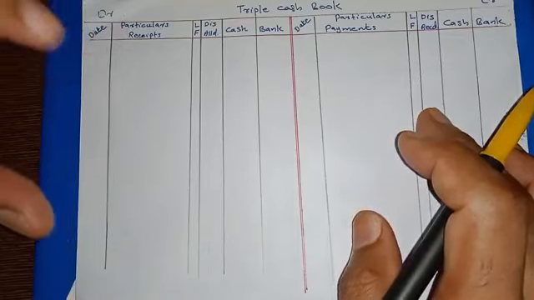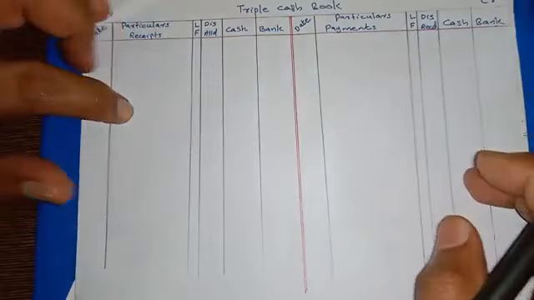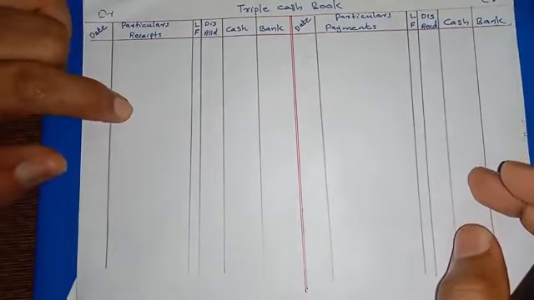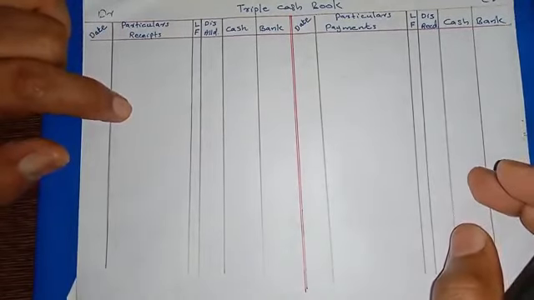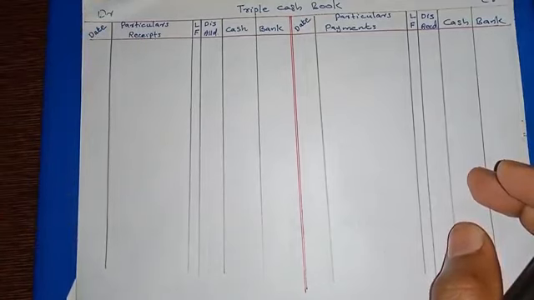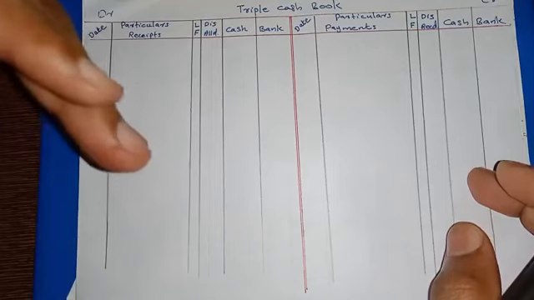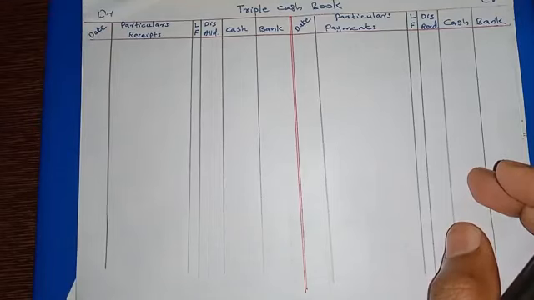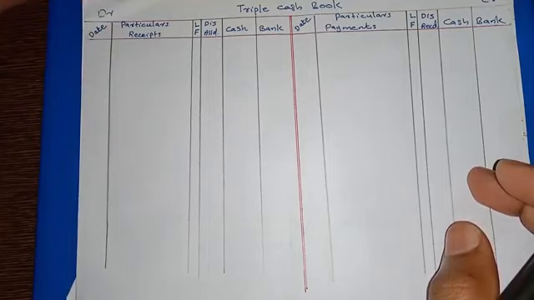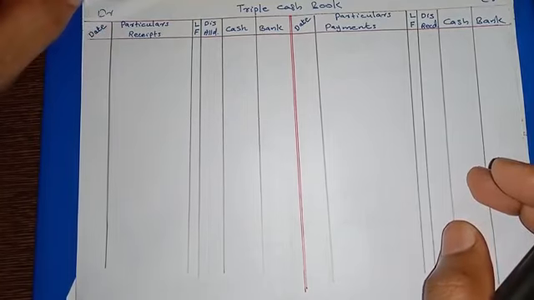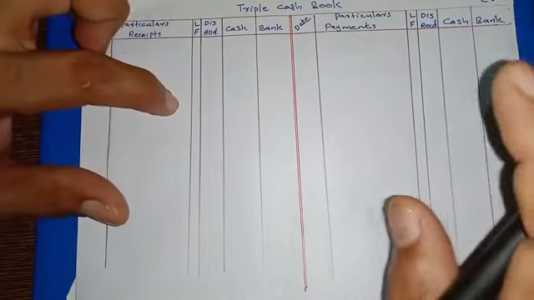So some transactions which come on the opposite side of the cash book are known as contra entries. There are two transactions. One transaction is cash deposited into bank, and the second one is its opposite, cash taken from bank for office use. When you are recording these two transactions, they will come on this side as well as this side.